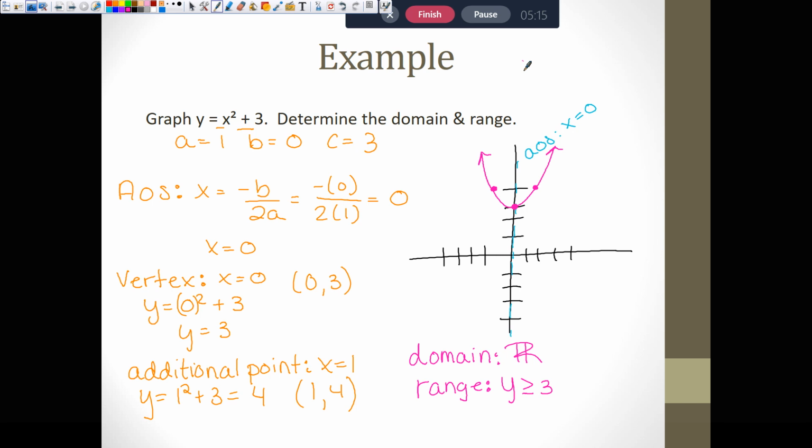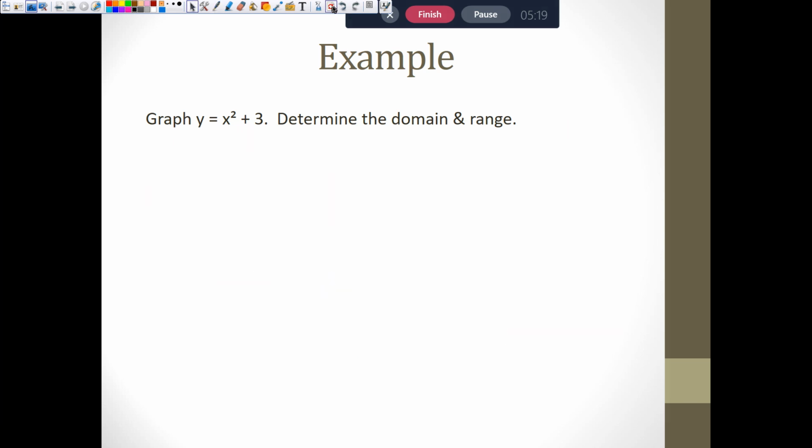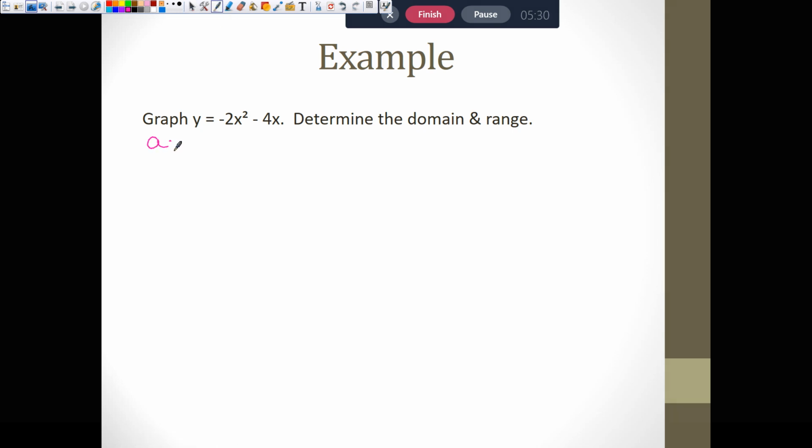Okay, let's try another one. So first I'm going to label my A, B, and C. A equals -2, B equals -4, and C equals 0, because there's not a value at the end.